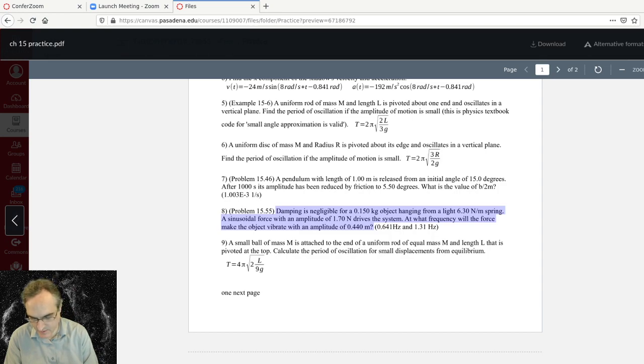So that's telling us two things already that I want to write down. B, the damping, is 0. M is 0.150 kilograms. For a 0.15 kilogram object hanging from a light 6.3 Newton per meter spring.